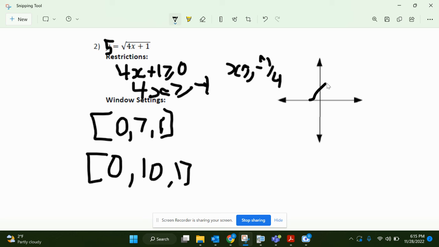Then we had this kind of graph here, and it turns out that they crossed at x equals 6. So the answer to this is x equals 6.